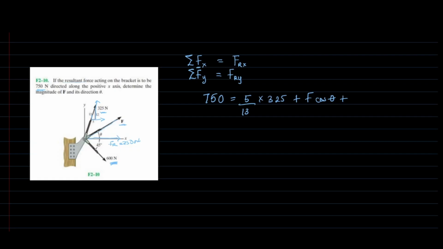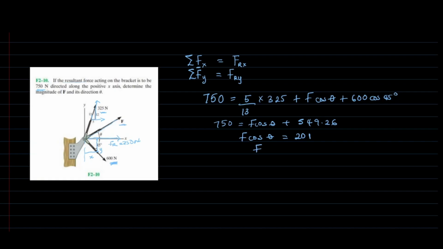This is the x component and this is the y component. Using SOHCAHTOA, its x component is 600 cos 45 degrees. If you resolve this, you're going to have 750 equals F cos theta plus 549.26, which is F cos theta equals 201.